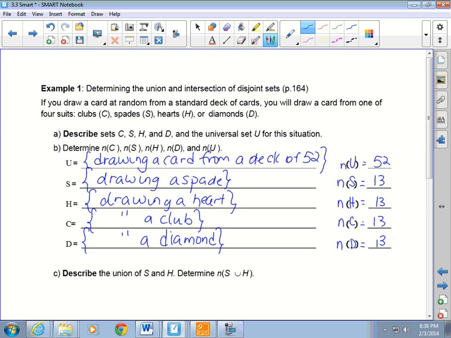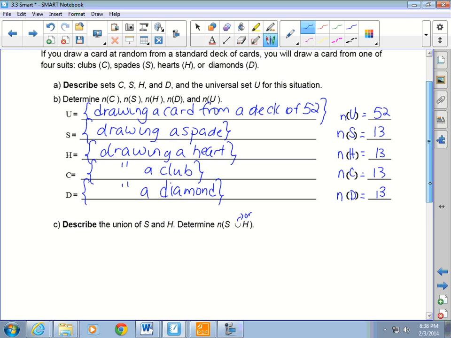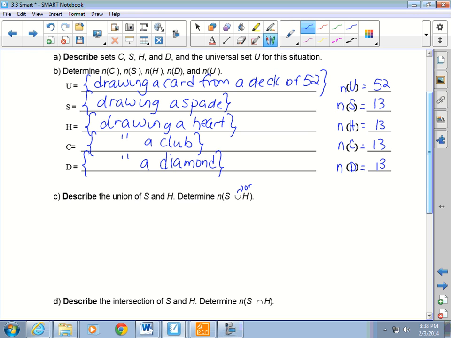Part C says describe the union of S and H, and determine the number of the union of S and H. Remember, union means or. Just to describe that, S union H, the union of S and H, would be the set of 13 spades and 13 hearts.